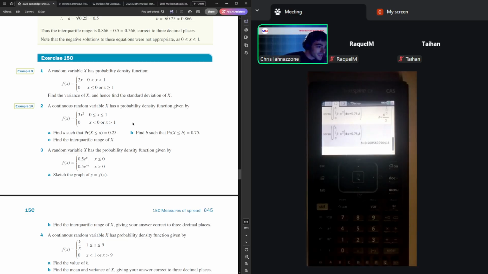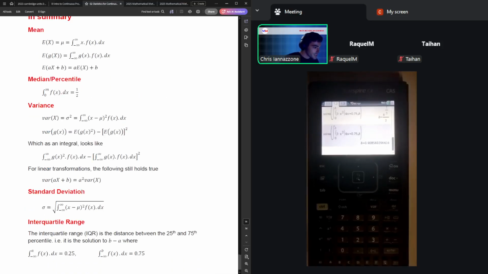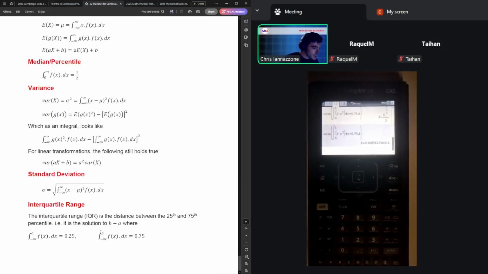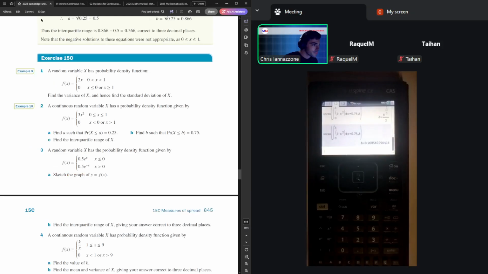Part C, find the interquartile range of x. Well, 75th and 25th percentiles, that's what the interquartile range is all about. You're finding what those percentiles are, and then you're doing a subtraction between them. That's it, the bigger one minus the smaller one.